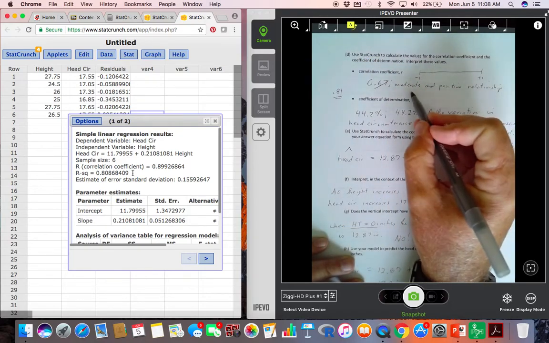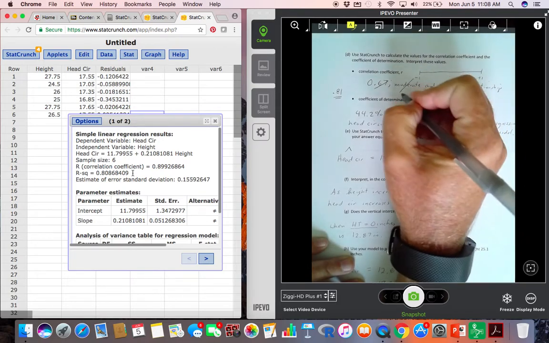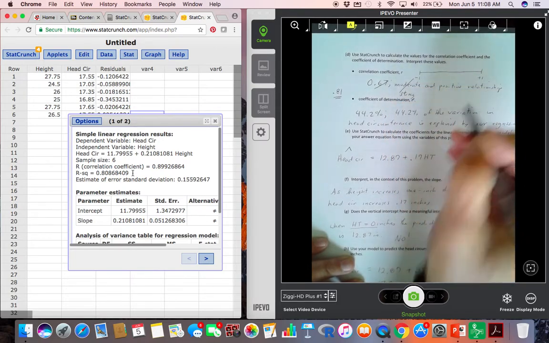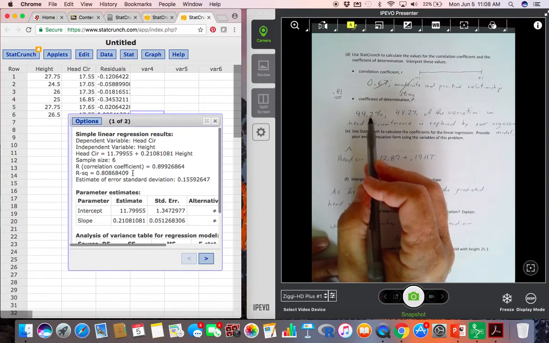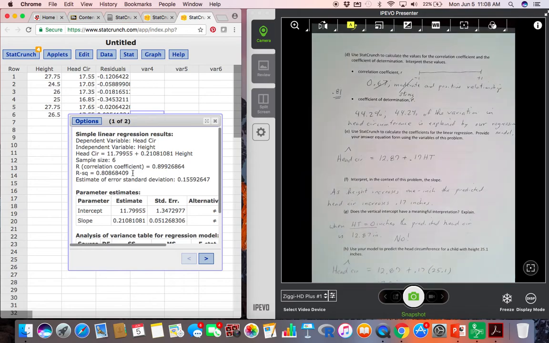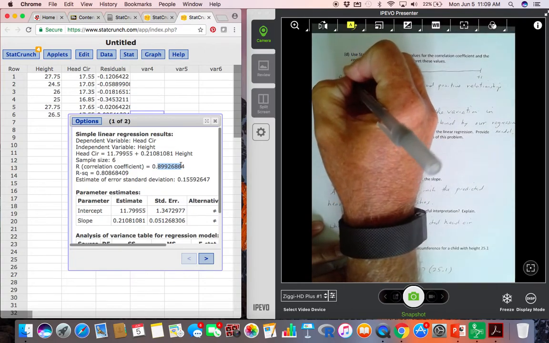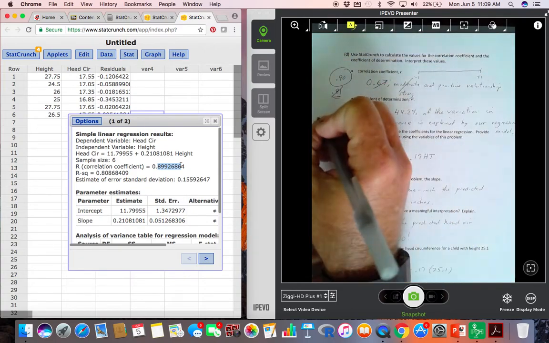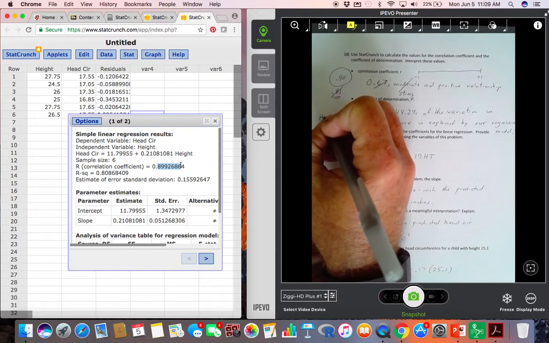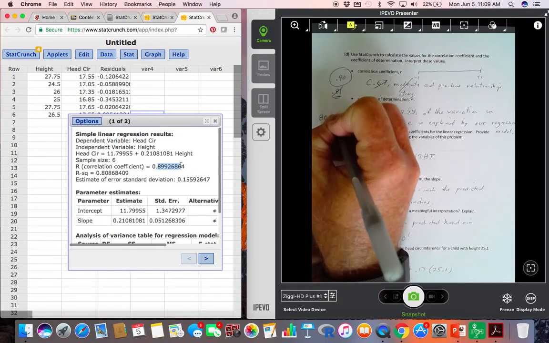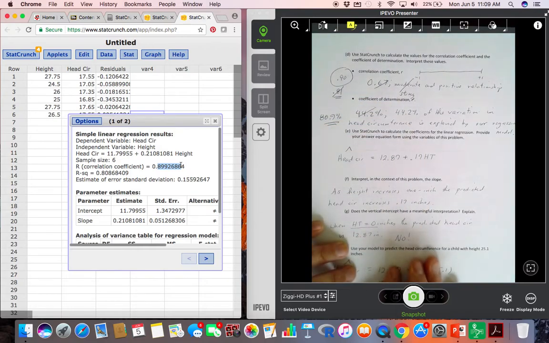So it went from a moderate and positive to a strong and positive. And the R squared, you can see, no, wait a minute, I'm wrong here. I'm looking at the wrong line. The R was actually 0.90, and the R squared was actually 80.9%. So you can see that kid was very influential in the results.